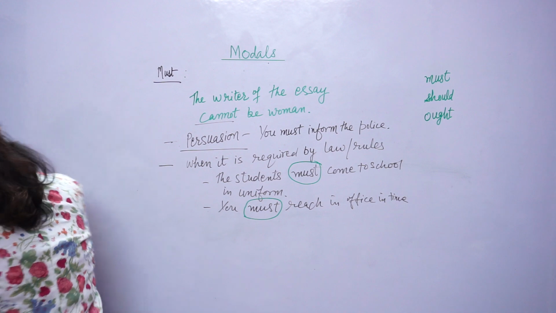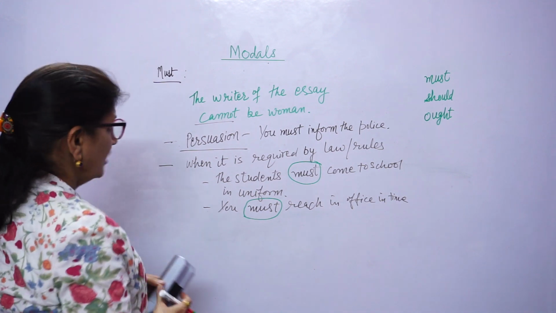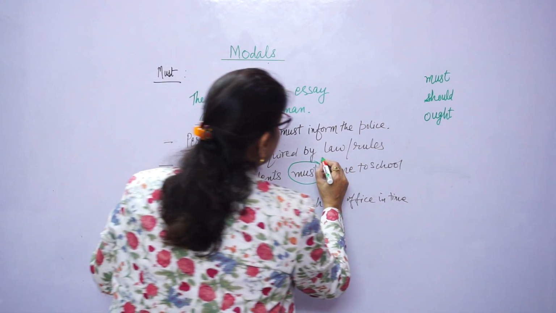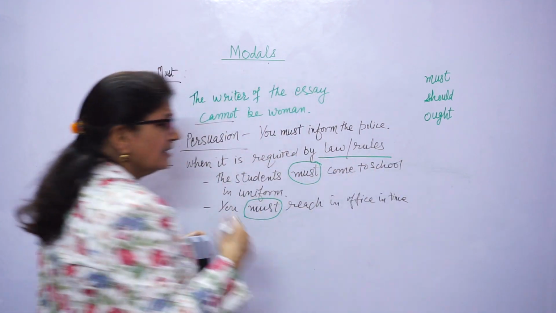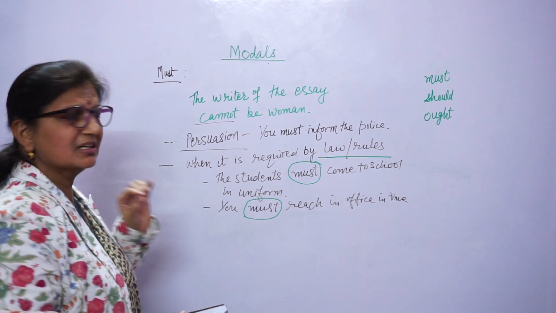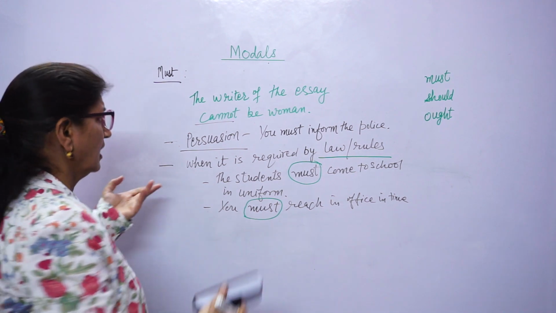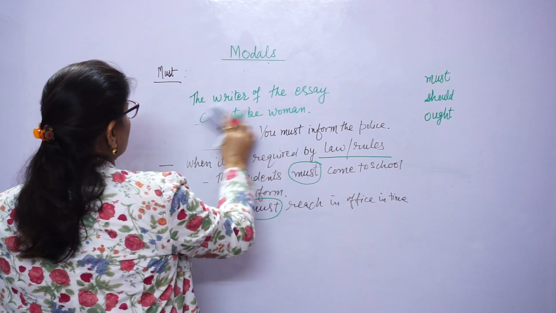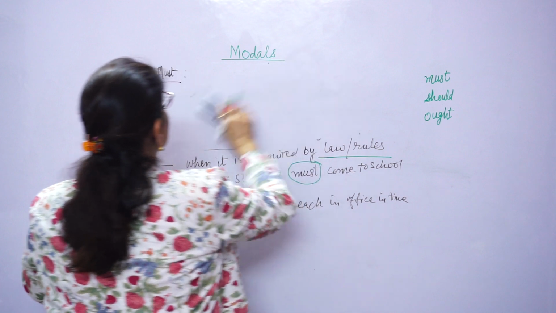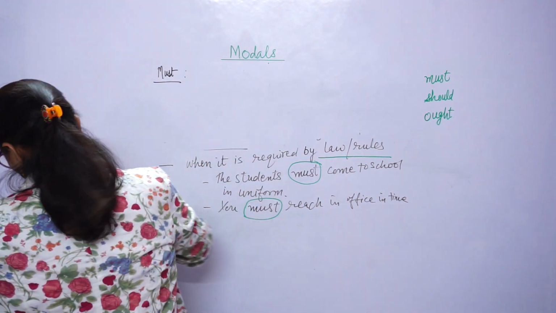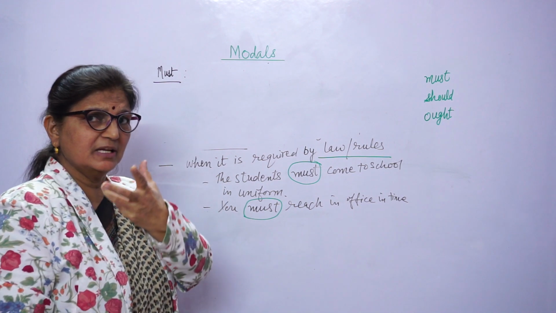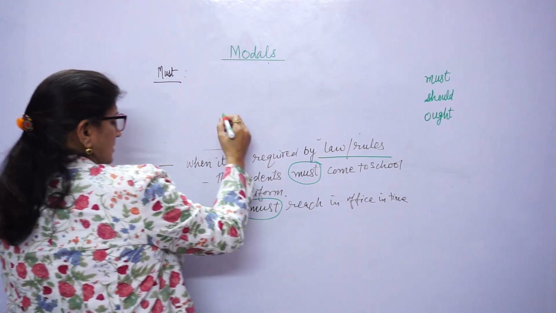Here I tell you other things also. When it is required by law, जब आपके लिए कोई कुछ करना जरूरी होता है, in some circumstances, generally in बोलचाल की भाषा में, in conversational, what do you use? You also use should. For example, but there is minor difference in sentence.